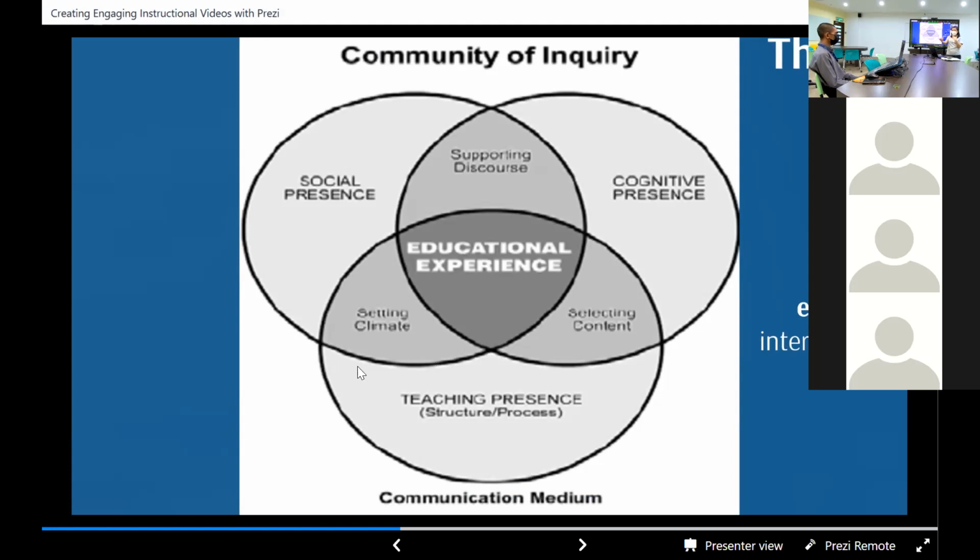They can talk to you, they can also talk to their peers, discussion, collaboration that can happen. So with all this, then you will get a good experience. As an educator, we must constantly think about these three things: the cognitive presence, the teaching presence, how you design your lessons and how you play an important role in that, and of course also the classroom environment, the social presence.